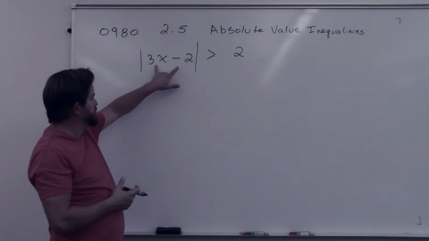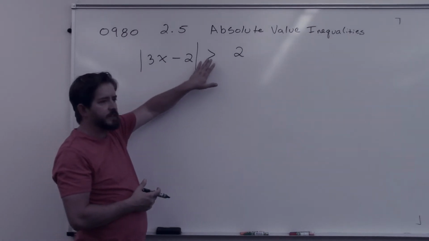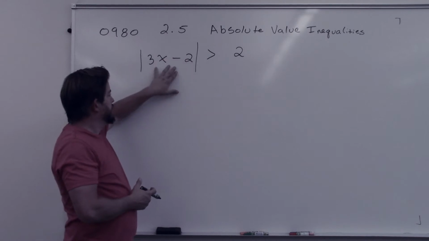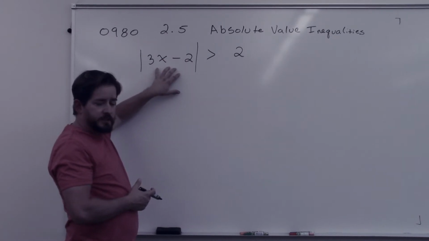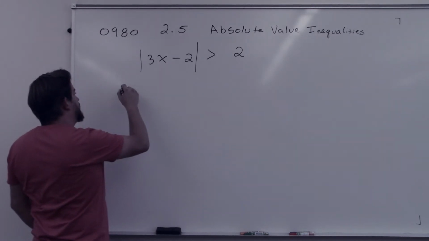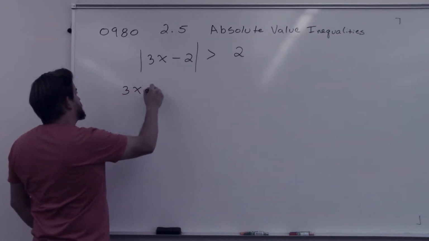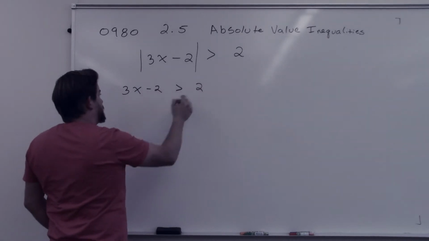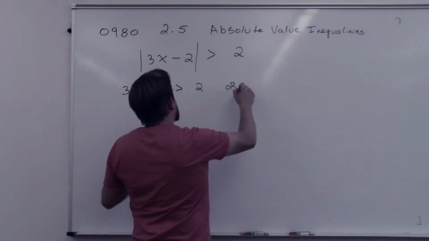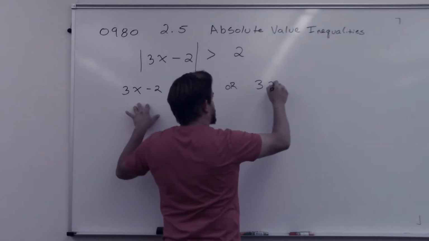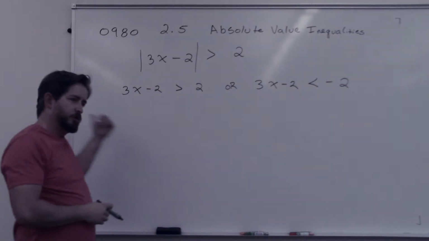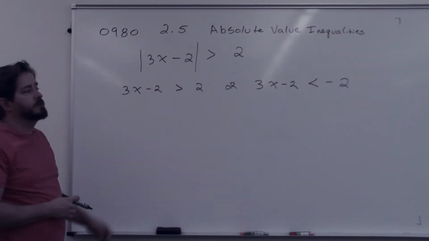The expression inside the absolute value will either be bigger than 2, or less than -2. And that's how we start this off, by saying either this 3x minus 2 is bigger than +2, it's further away than 2, or this expression unchanged, that 3x minus 2, could be less than -2, further away from 0 to the left than 2 spaces.